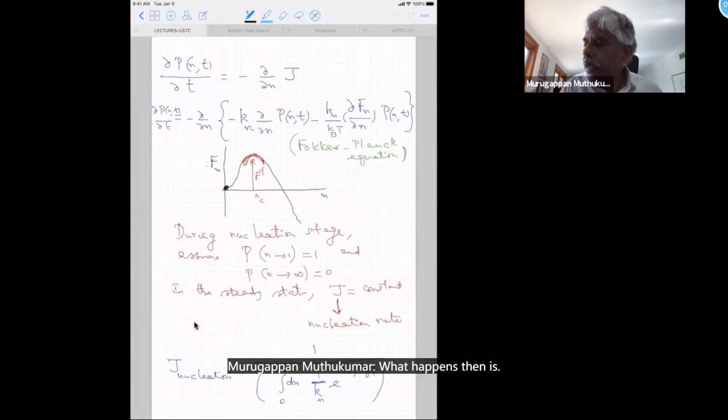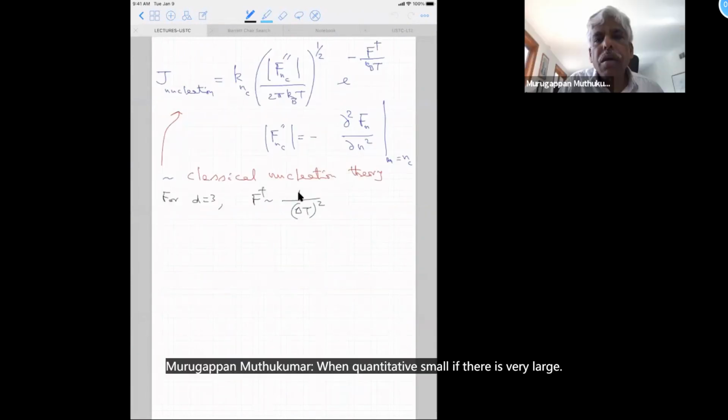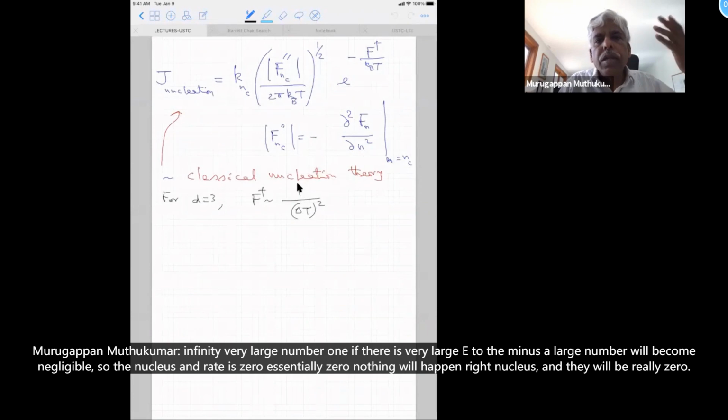What happens then is when quench depth is small, F dagger is very large, infinity, very large number. When F dagger is very large, e to the minus a large number will become negligible. So the nucleation rate is essentially 0. Nothing will happen, right? Nucleation rate will be really 0.